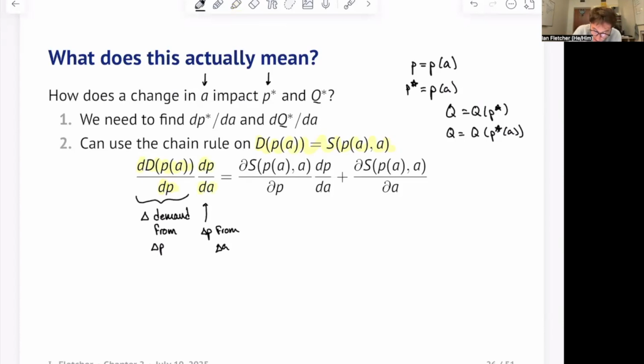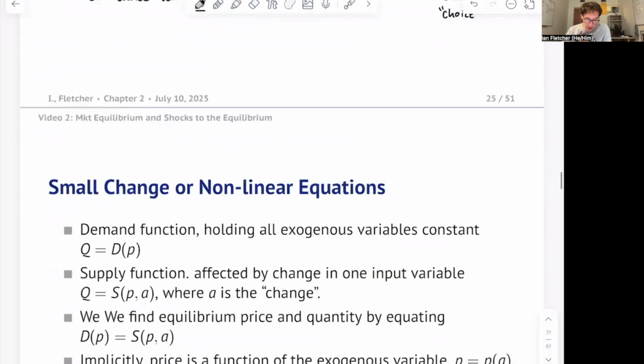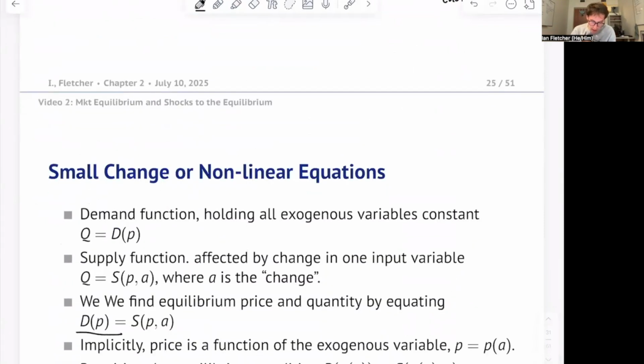If we wanted to think about this as some fake math, we would be able to cancel out these dPs and see how demand changes following a change in A. Which is kind of crazy, because A didn't even originally show up in our demand function.